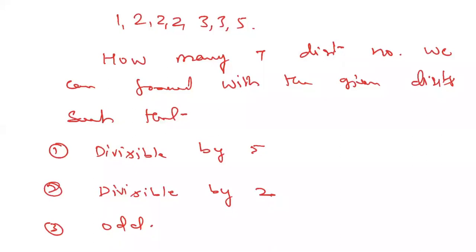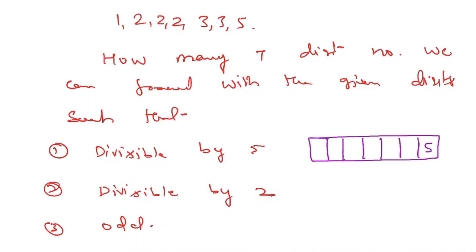Seven digits we have to make with 1, 2, 2, 3, 3, 5. So obviously, in this case, repetition is allowed, right? Then only we can make 7 digits from these numbers, right? 1, 2, 3, 4, 5, 6, right? So if this is divisible by 5, the unit place must contain 5, right?